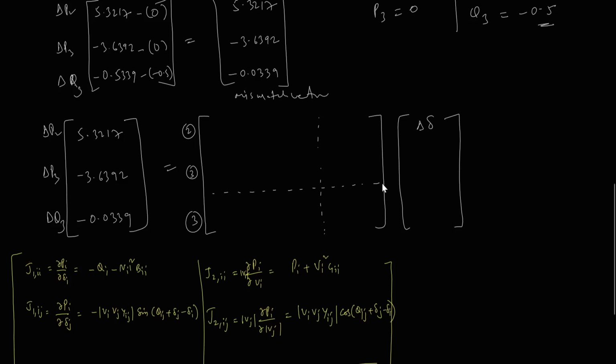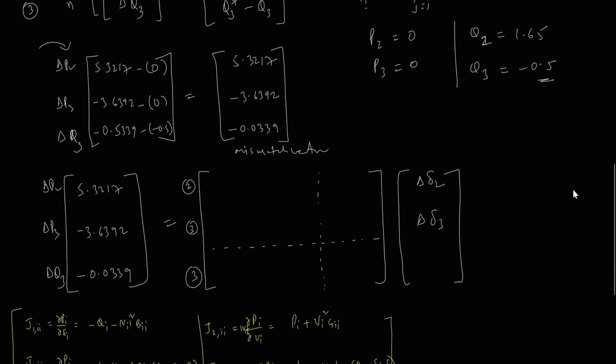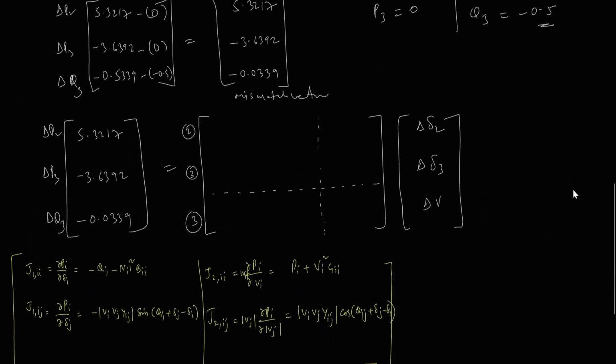And what are these, my angles and voltages? This is del delta 2 and del delta 3, because I have assumed these values. These are my unknown values, angles delta 2 and delta 3, and delta V3 is my unknown value, right? So this is del V3 by V3. If you write down the bus numbers here also, it will be 2, 3, and 3, like this.